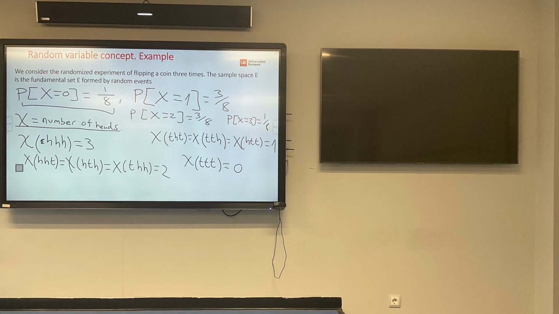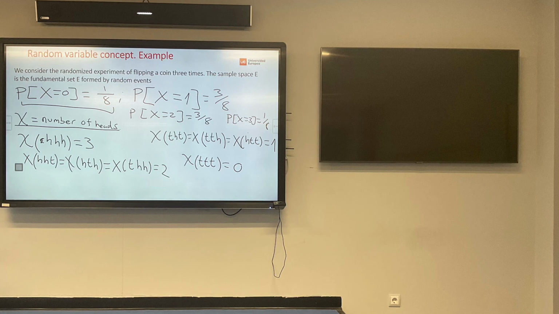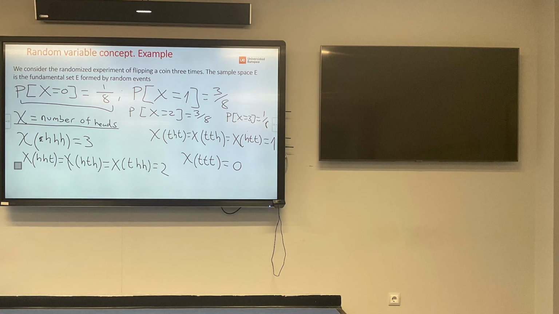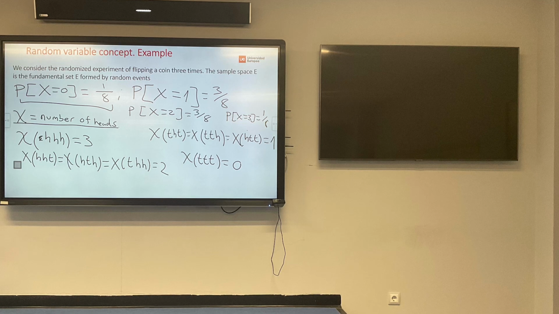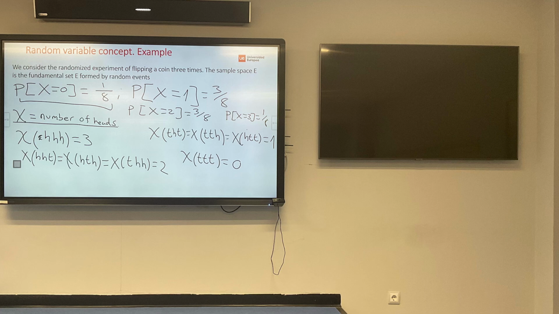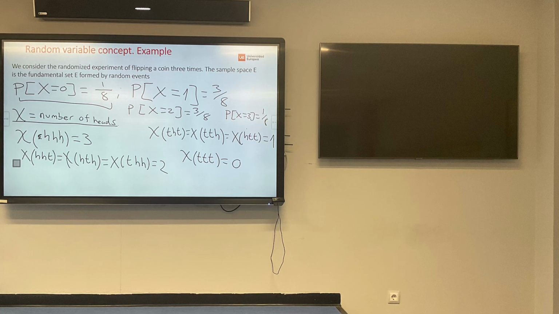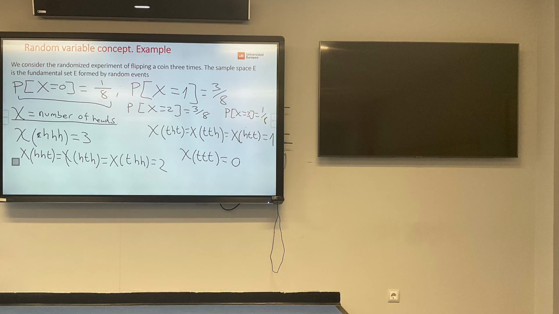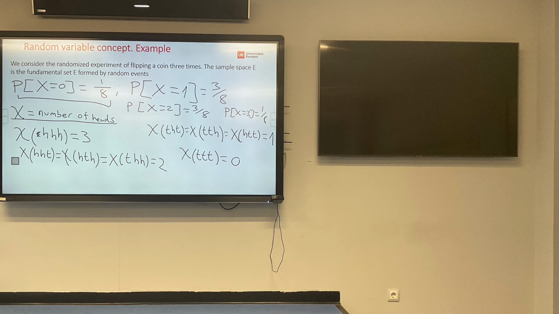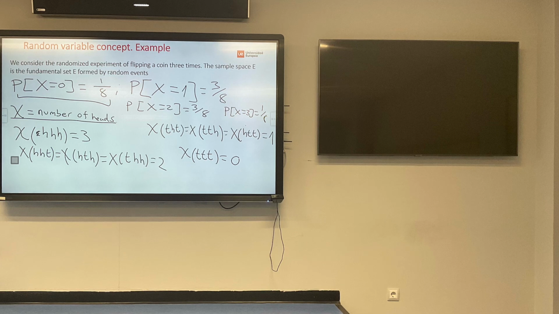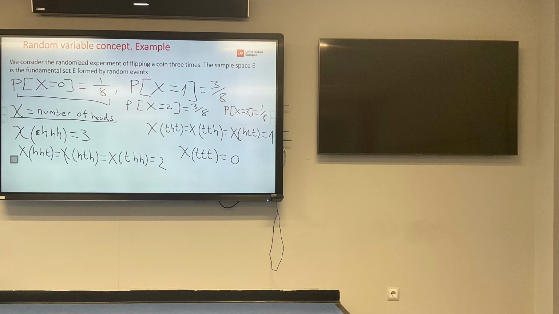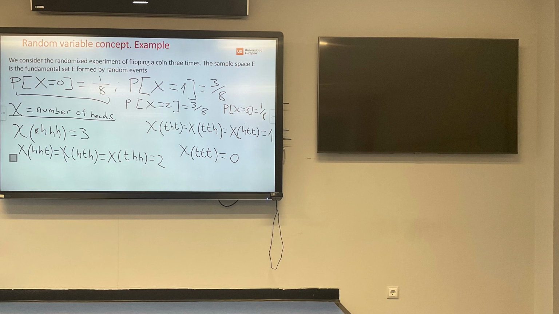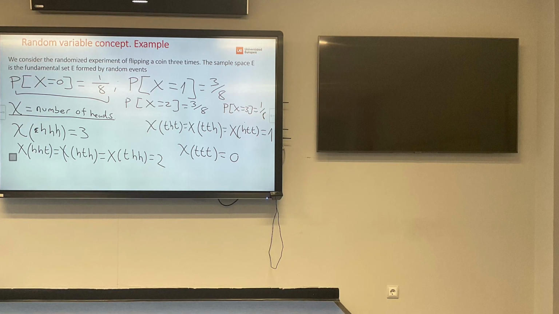I will denote a random variable with capital letters, for example, the random variable X. It's a function that takes elements from the sample space and gives us a real number.